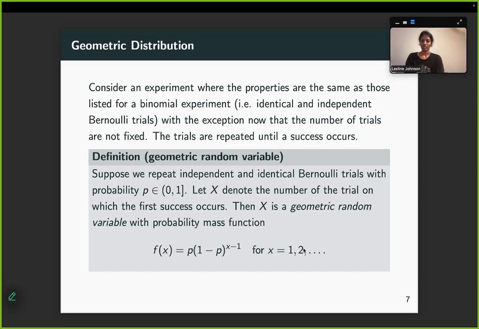Suppose we repeat independent and identical Bernoulli trials with the probability of success p being between 0 and 1, and let x denote the number of the trial on which the first success occurs. Then x is a geometric random variable with the following probability mass function, where f of x equals the probability of success times the probability of failure to the power of x minus 1.